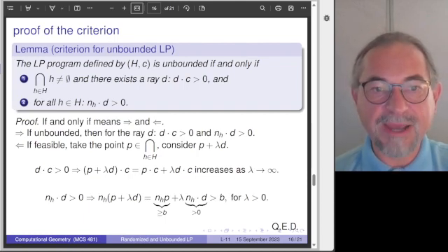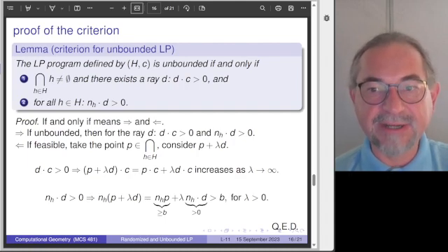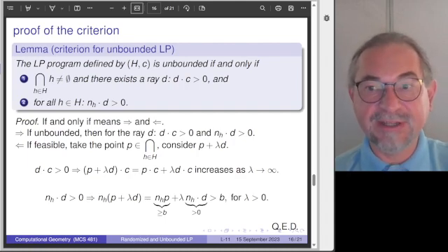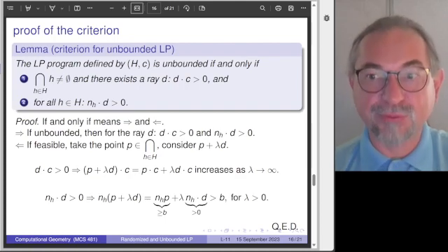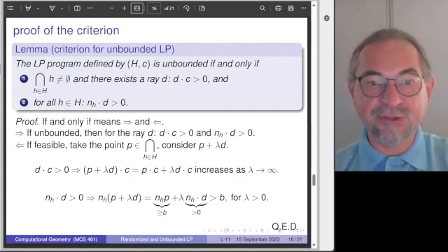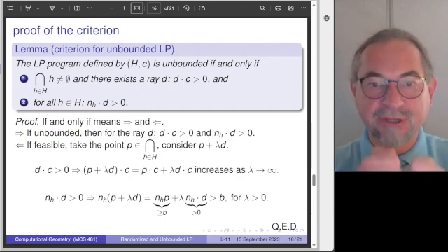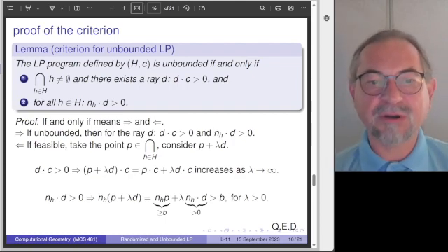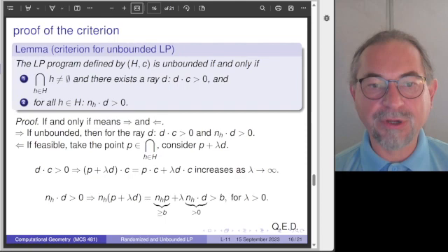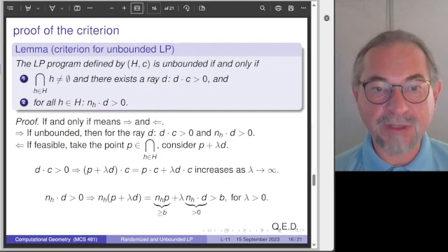Now, if we have these conditions, there is this ray. So actually the feasible region is not empty. So the problem is feasible, and we have a point inside the polygon. And then we apply the linearity. Starting at any point in the polygon, we walk in the direction of this ray, and we see what happens with the change in the objective function.